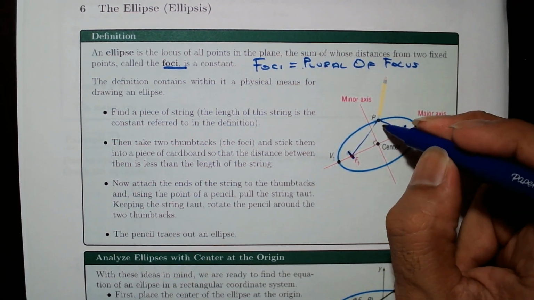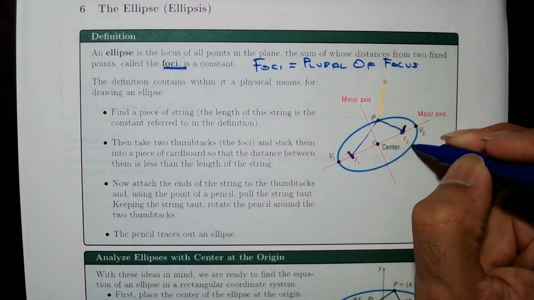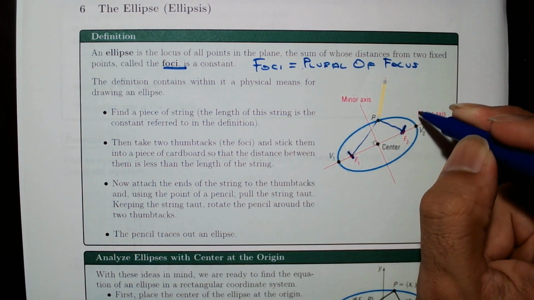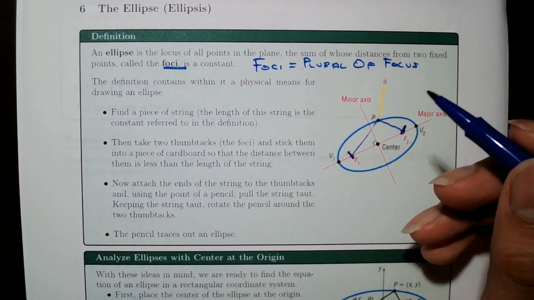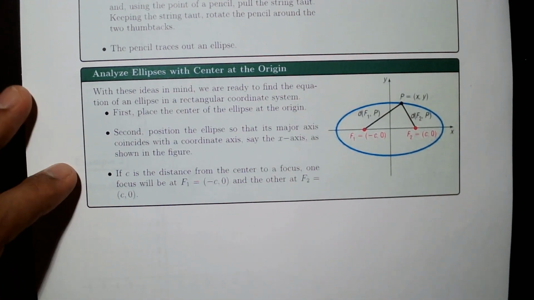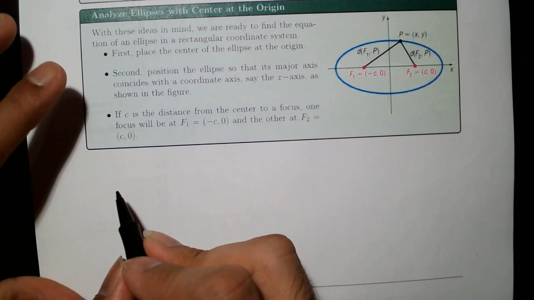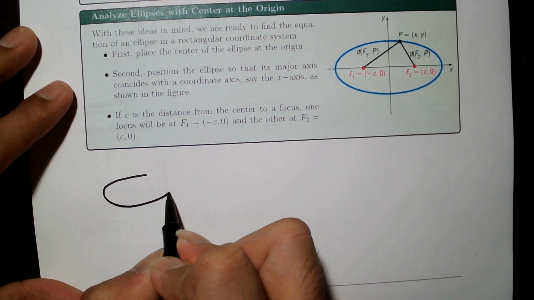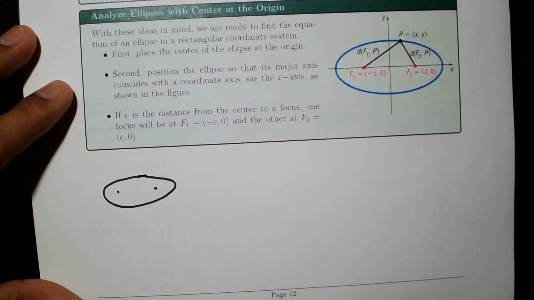Then we're going to grab a pencil and draw this geometric figure which corresponds to kind of an oval. Well, we don't call it oval, it's called ellipse. Let me draw an ellipse here. Okay, so it's not the best picture.